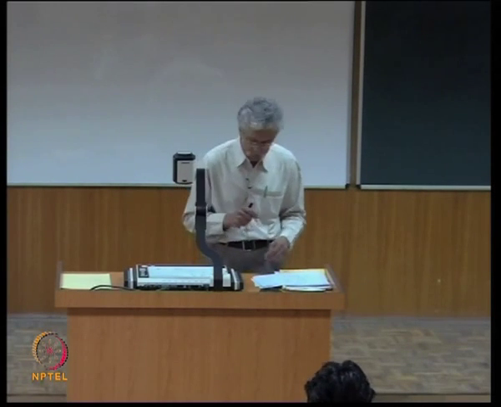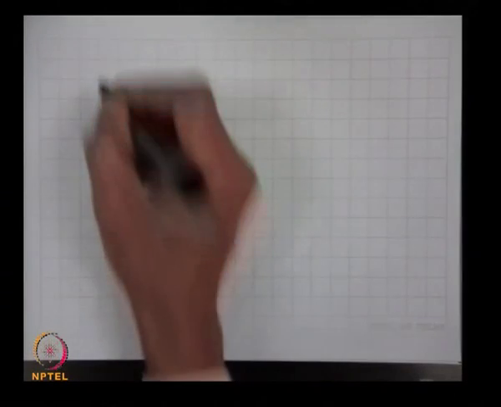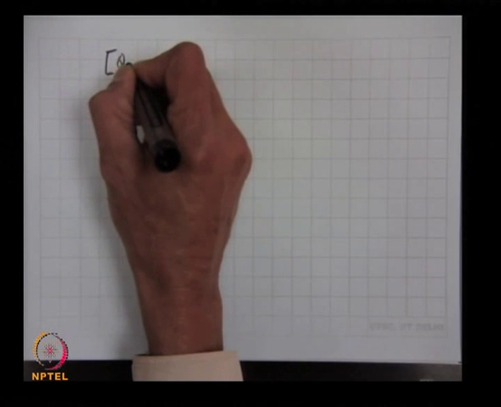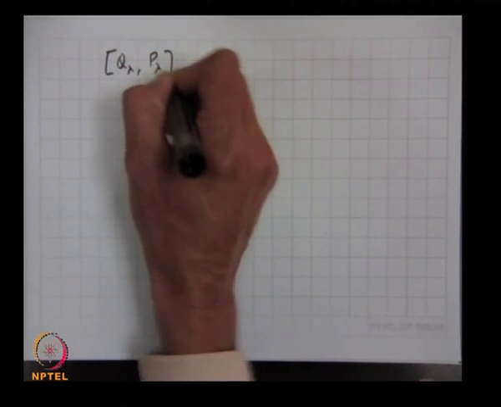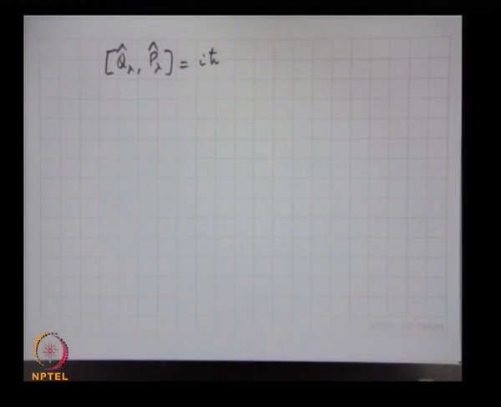And quantization means that I will now write a commutation relation between Q lambda and P lambda. So I will say the commutator of Q lambda and P lambda is equal to i h cross. And these are now operators.